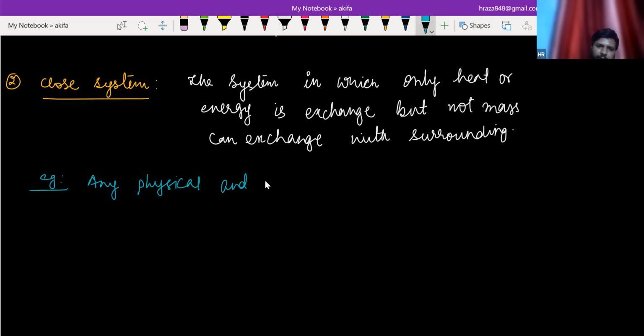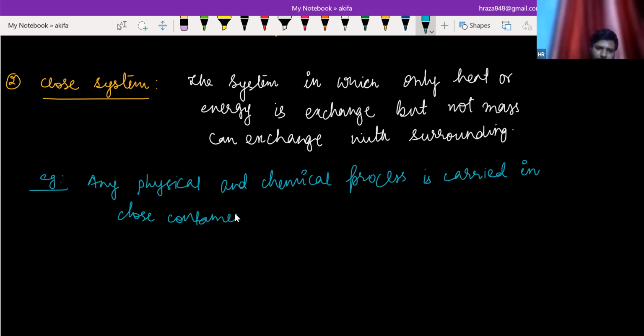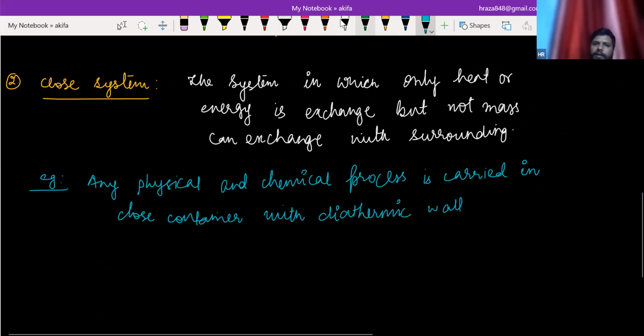For example, any physical and chemical process carried out in closed container with diathermic wall. This is very important. The boundary of closed container should be diathermic wall. What is diathermic wall?